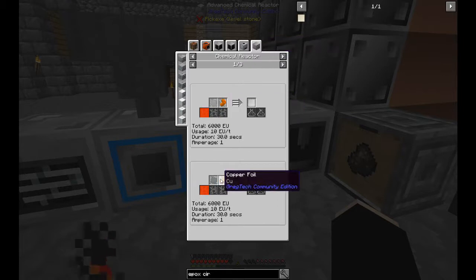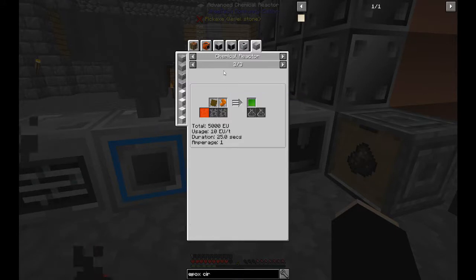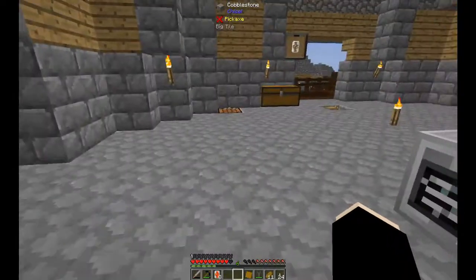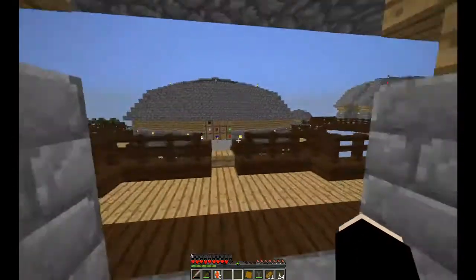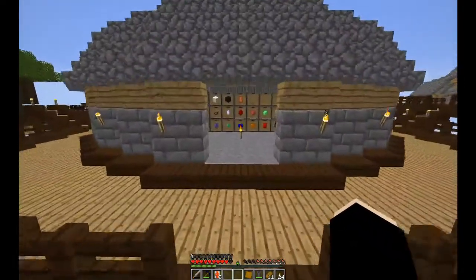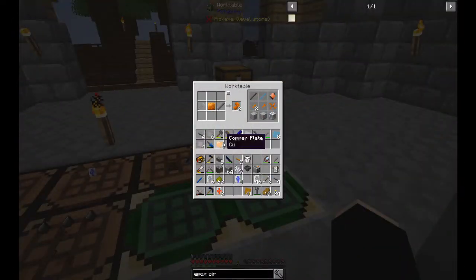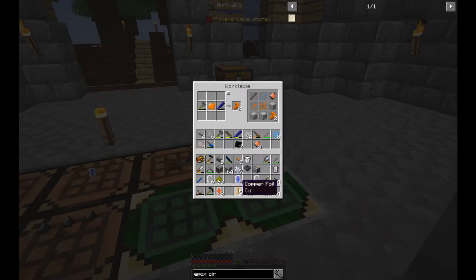There's some recipes with it, but for now I'm gonna go for the manual. So let's make 4 copper plates into 8 of the foil. Okay, 4 copper plates makes 8 copper foil. It doesn't really care which copper plates you have.